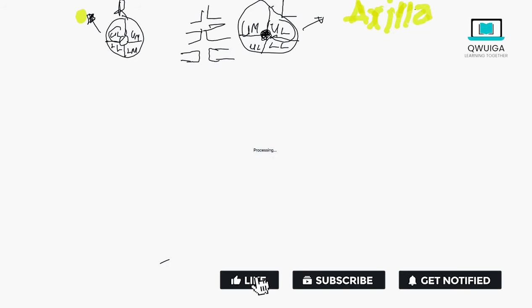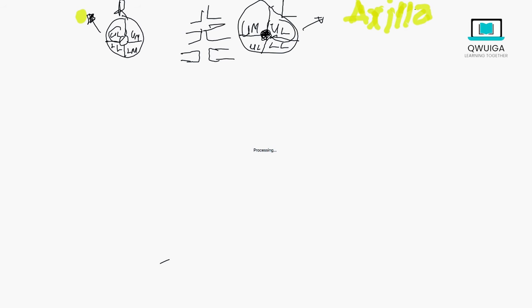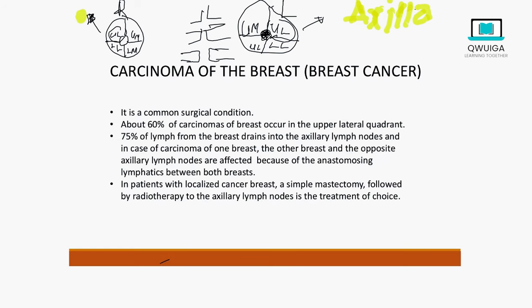Then also we have carcinoma of the breast or breast cancer. It's a very common surgical condition, with 80% of carcinomas in the breast occurring in the upper lateral quadrant. Let's take this as the rib cage.